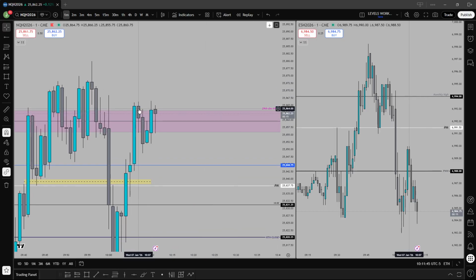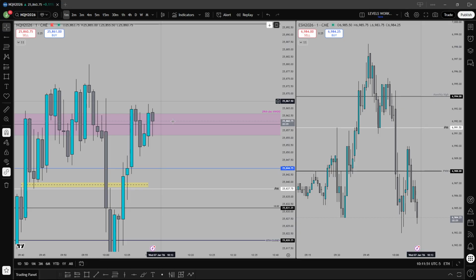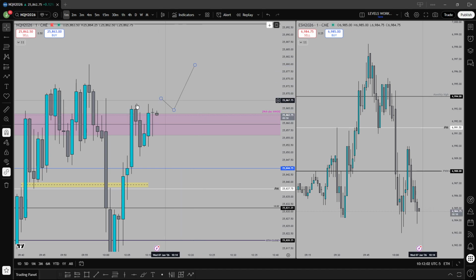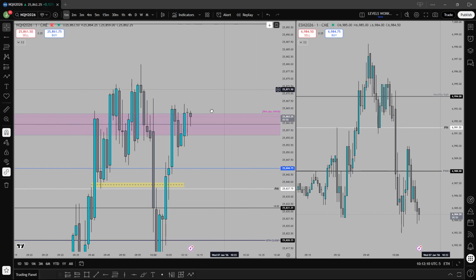If it closes above this candle, then could be something like this. It didn't close above this candle, although it has reacted pretty nicely off of that new week opening gap.